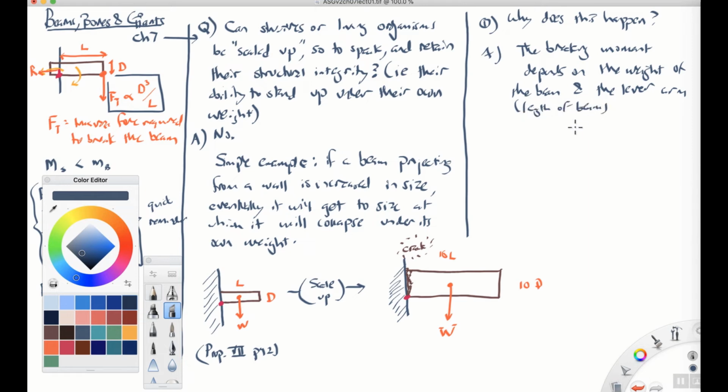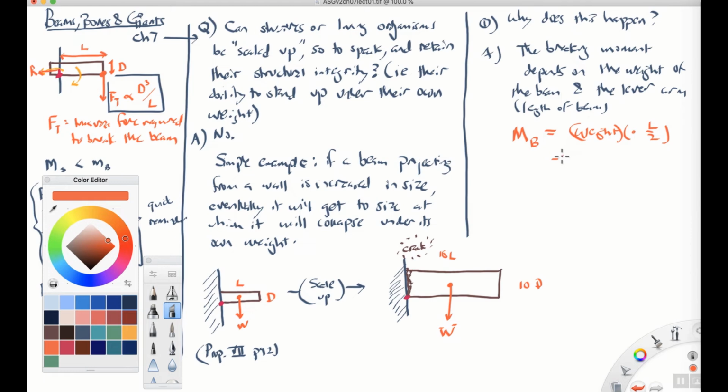Remember, that's what's trying to make it rotate in the clockwise direction about the fulcrum. It depends on the product of the weight and the lever arm, which is L over 2. And the weight of this beam depends on the overall volume of the beam. It's proportional to the volume.